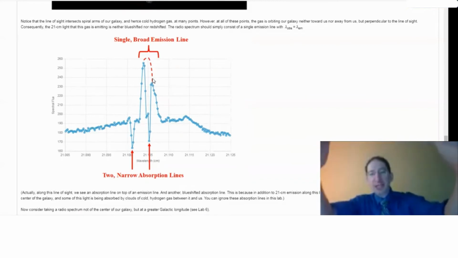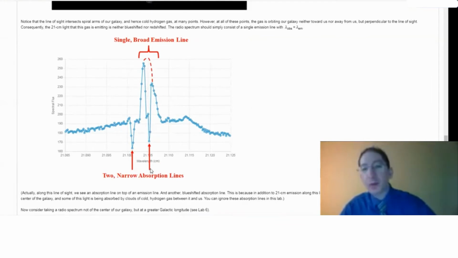And some of that extra radio light is being absorbed on its way to us by the exact same cold neutral hydrogen. So we do see an emission line, but superimposed on top of it, we see a narrower absorption line. Again, we'll only see that along this line of sight.